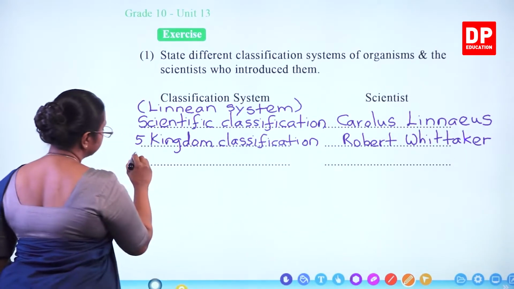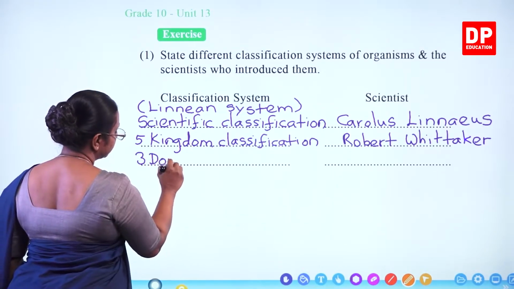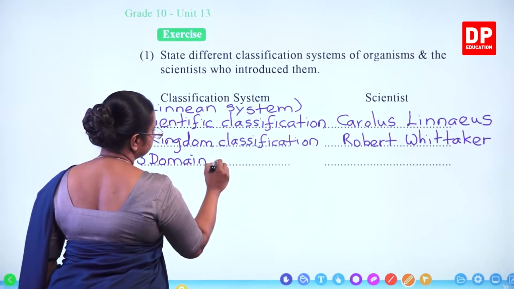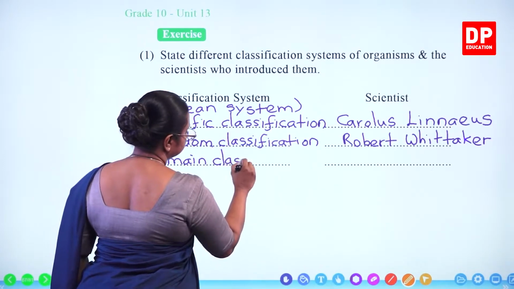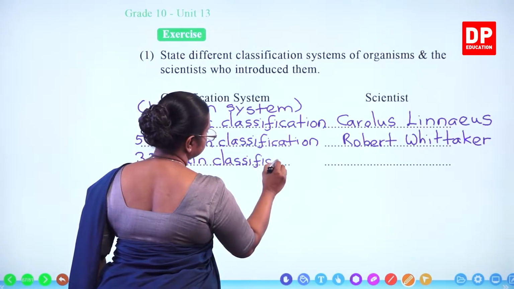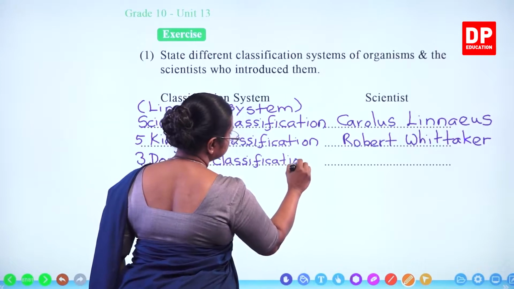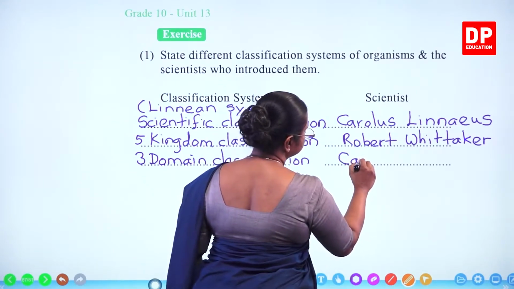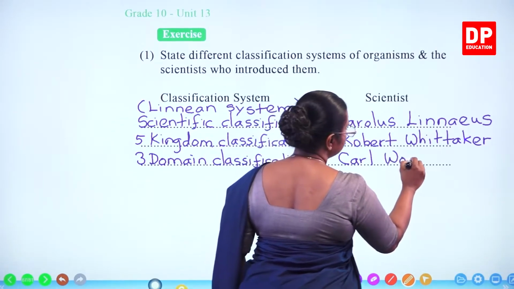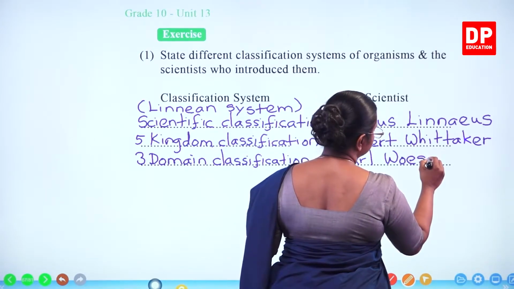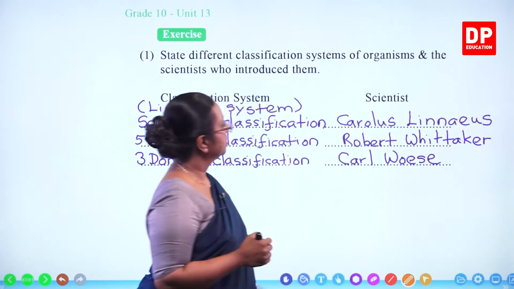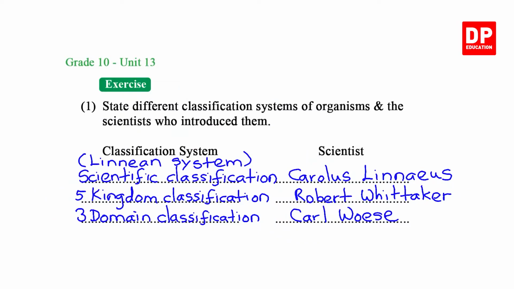Then we have the 3-domain classification by Carl Woese. So, scientific classification by Carolus Linnaeus, 5 kingdom classification by Robert Whittaker, and 3-domain classification by Carl Woese.